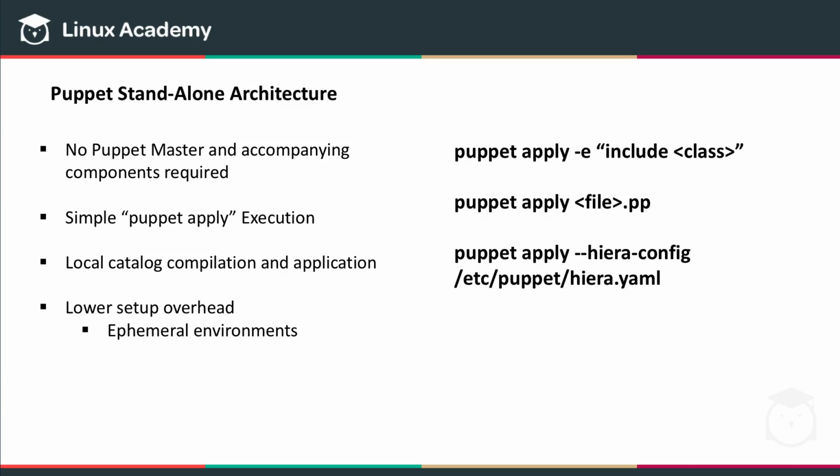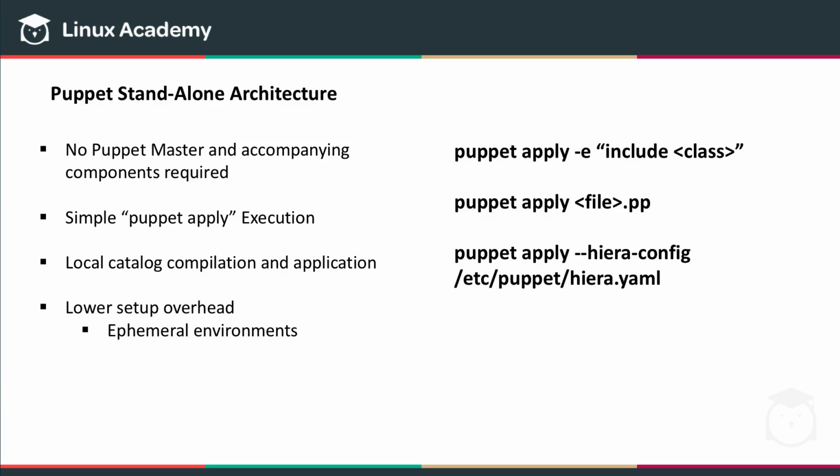In this scenario, the site.pp is actually the default manifest to be applied. So when you use this syntax, it's going to look for what's in your site.pp in order to compile its catalog. This type of standalone architecture makes the most sense in cloud-like, microservice, ephemeral, throwaway environments that only exist for a short period of time.